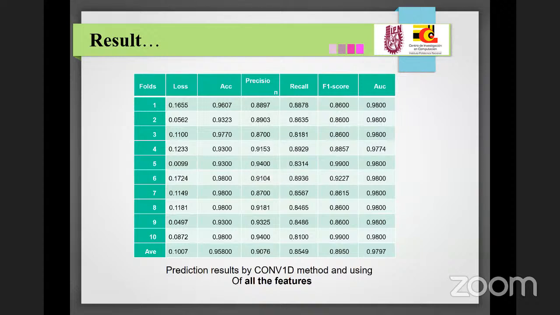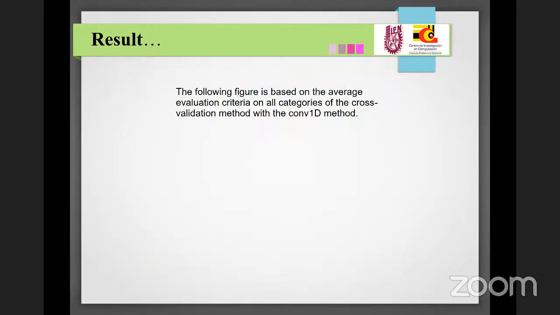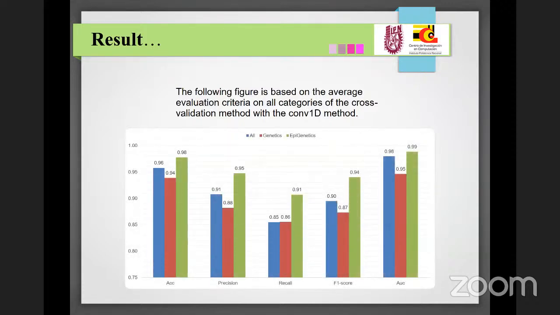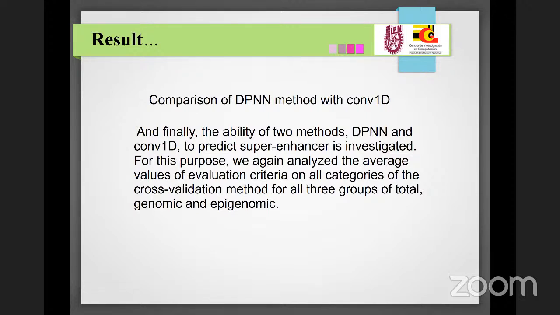Here is the prediction result by the convolution 1D method using genomic features. The next table is about the same method with epigenomic features. Here is the prediction result by the convolution 1D method using all the features. The figure is based on the average evaluation criteria on all categories of the cross-validation method with the convolution 1D method. You can see the best result we obtained is with the convolution 1D method on epigenomic features.